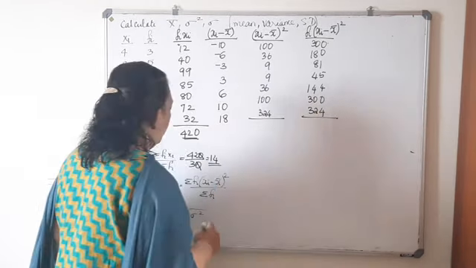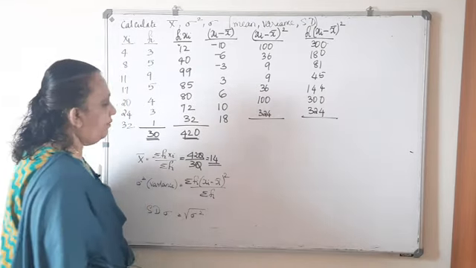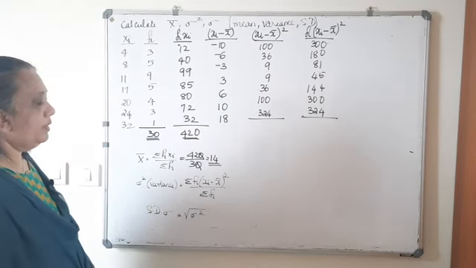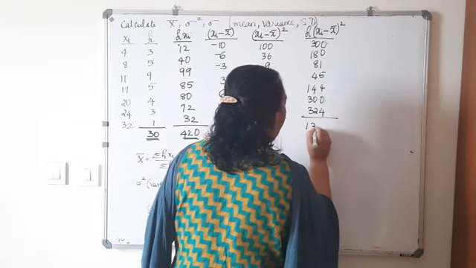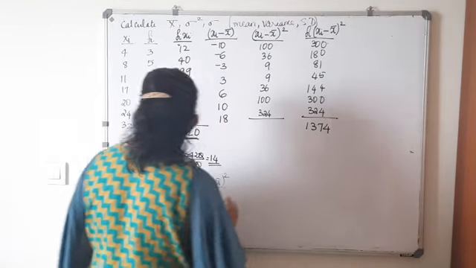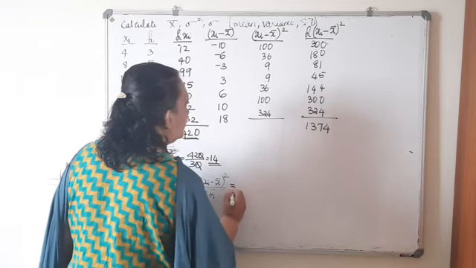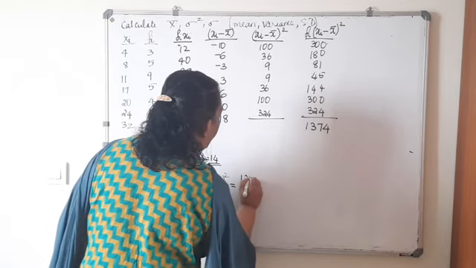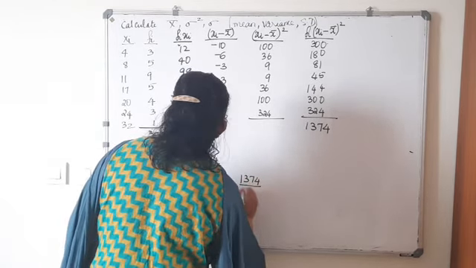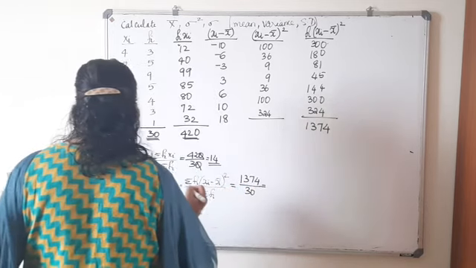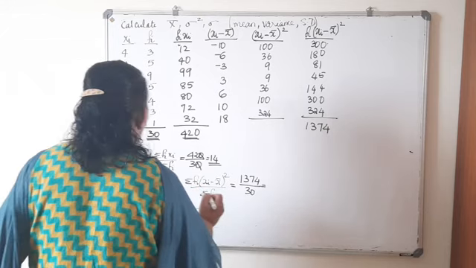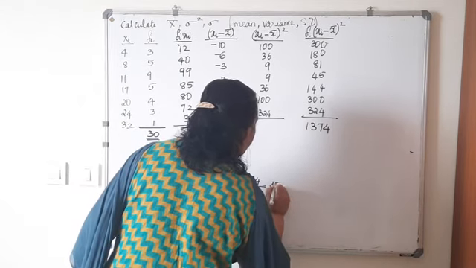So when you look at the formula, it is sigma Fi into (Xi minus X bar) the whole square, and when you add, it comes up to 1374. So the variance is equal to 1374 divided by sigma Fi. Sigma Fi is equal to 30 and the answer is 45.8.